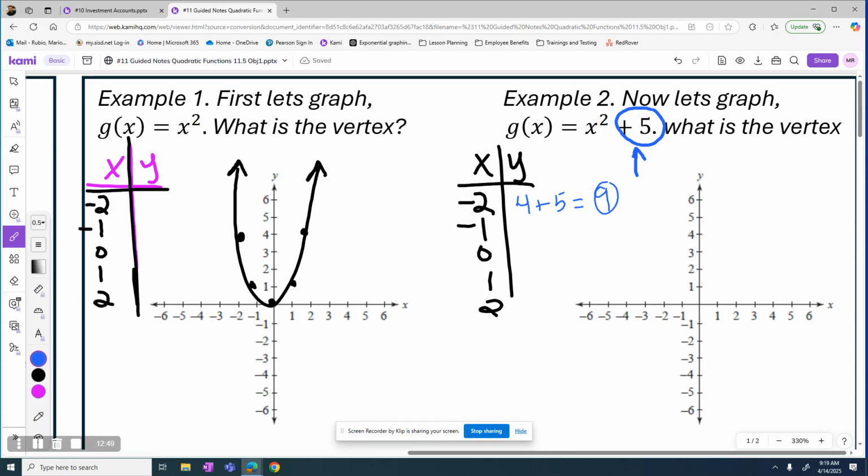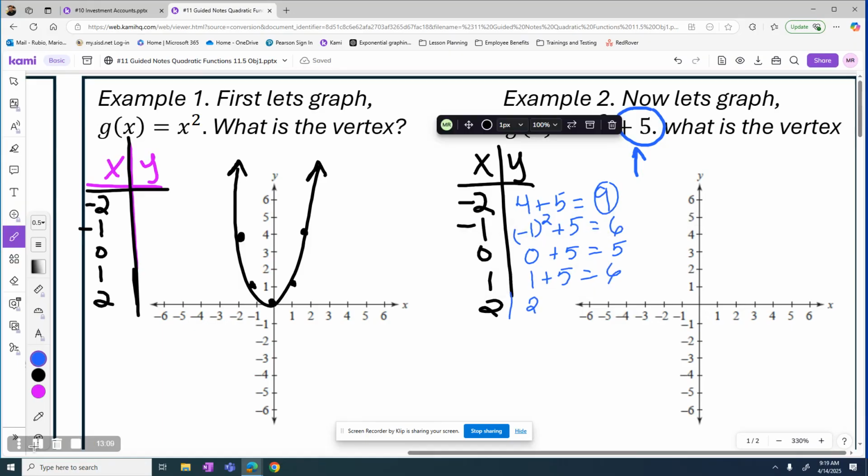Negative 1 squared plus 5 equals what? That's 1 plus 5 is 6. 0 plus 5, start to see a pattern here. 1 squared is 1 plus 5 equals 6. And what do you think this 2 is going to be? 2 squared plus 5 is what? 2 squared is 4 plus 5 is 9.